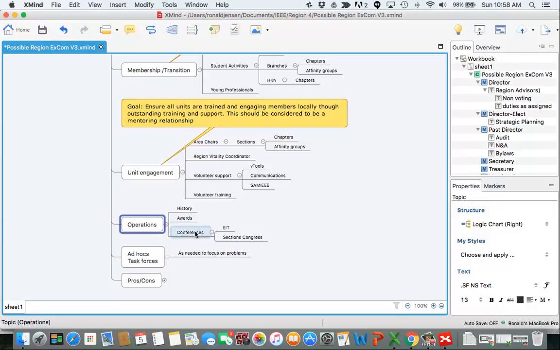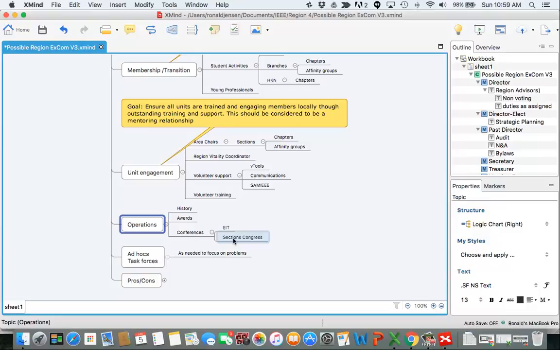The third position is conferences, and conferences is beginning to change within the region and certainly within IEEE. We've had for many years an EIT conference, and it is becoming more substantial and effective. And then every 3 years we have a sections congress, and probably there ought to be another one on here, but we are trying to grow the number of conferences within Region 4 at the present time.